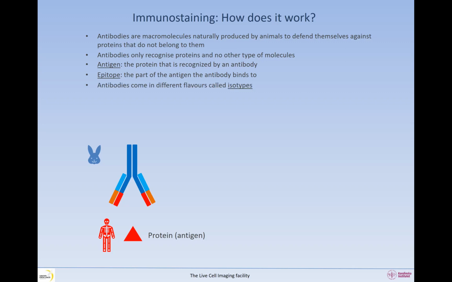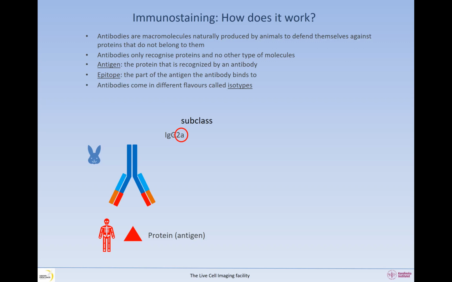In our example, the rabbit produces an IgG2A antibody, where IgG is the class and 2A is the subclass.